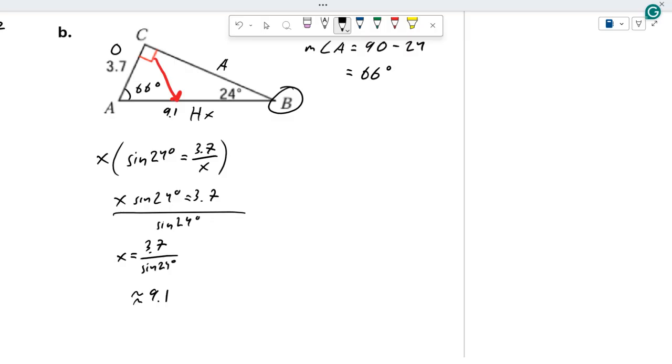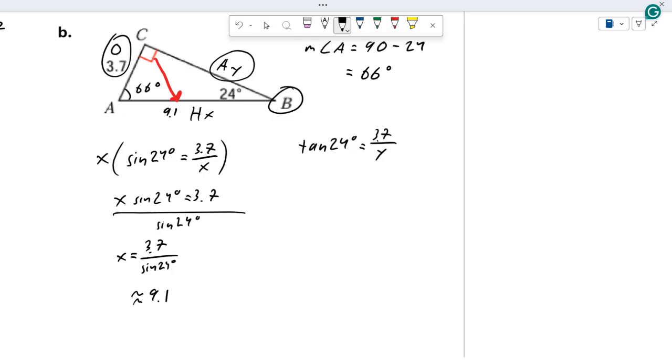And again, I'm going to ask myself, which trig function, and we're going to call this y. So which trig function connects what I know with what I want to know? Which trig function connects opposite and adjacent? The answer to that question is tangent. So tangent of my angle, which is 24 degrees, equals opposite, which is 3.7, over adjacent, which is y.